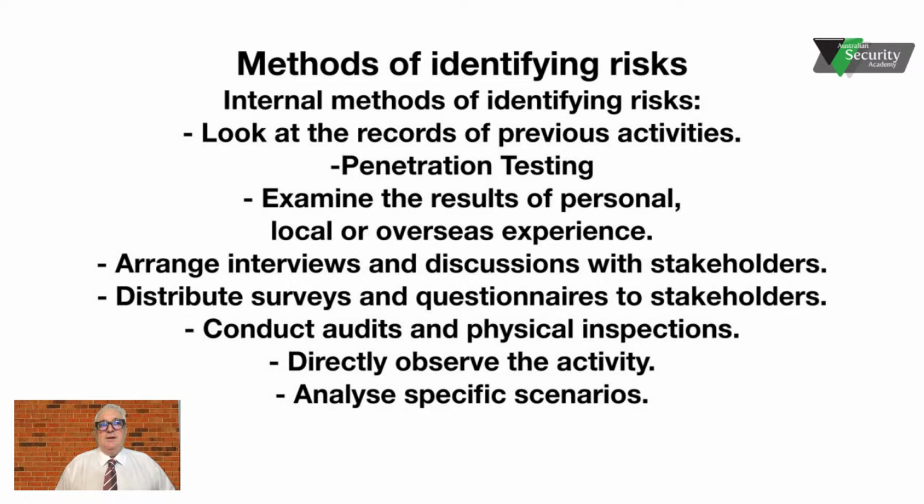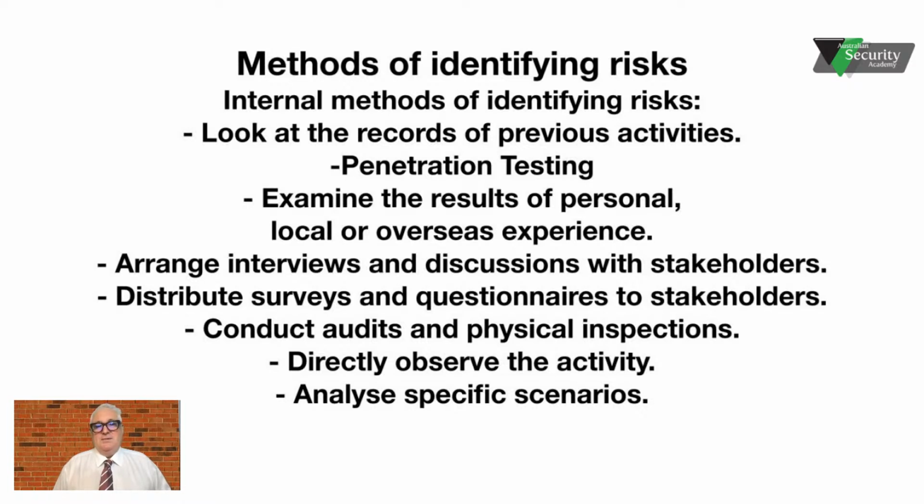So methods of identifying risks. There are two methods. Firstly, there's internal and there are external methods. The internal methods of identifying risks include looking at the records of previous activities. So what has happened that has negatively impacted the organisation, the business, the location, or the event in the past?